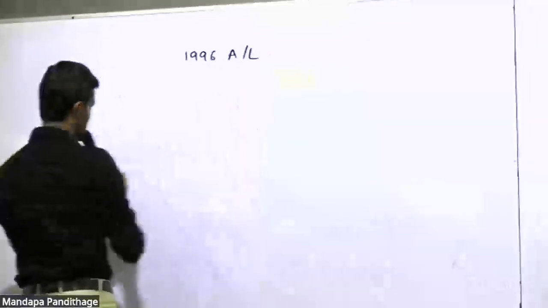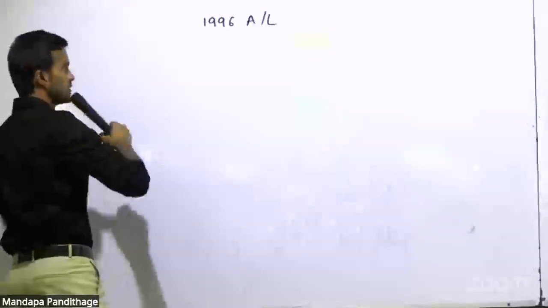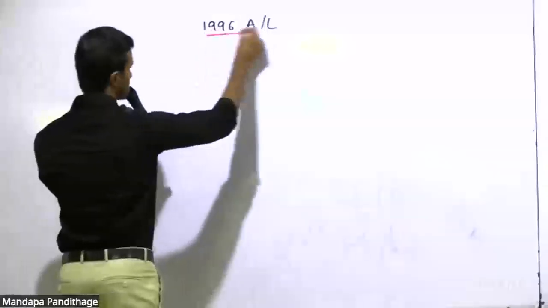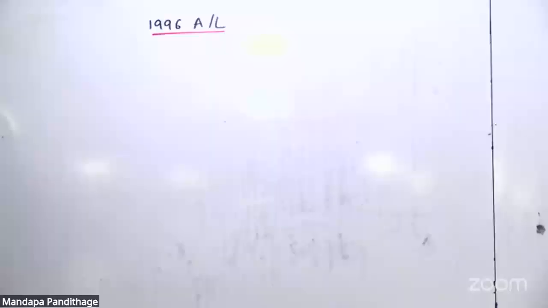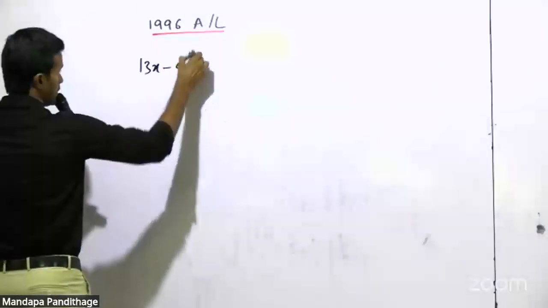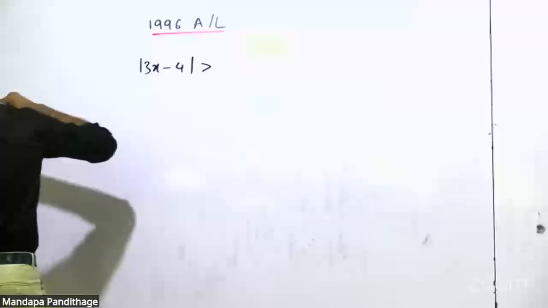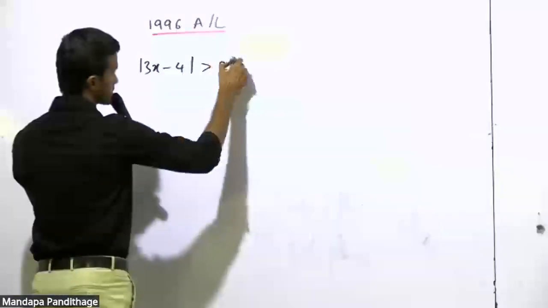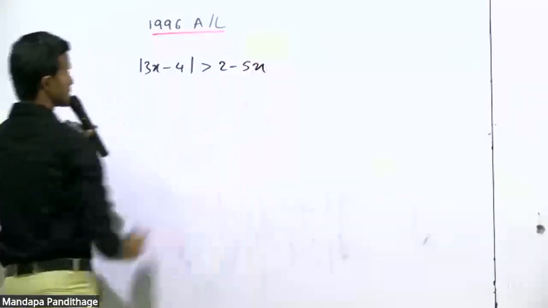We're supposed to solve modulus 3x minus 4 is greater than 2 minus 5x.